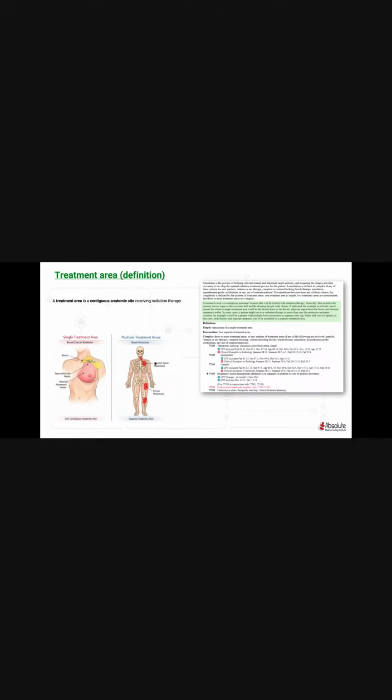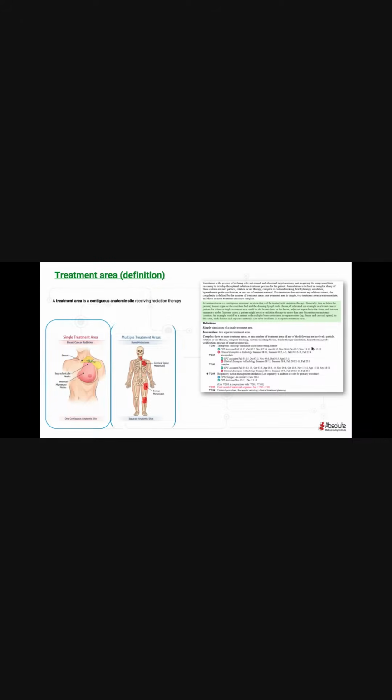For example, let's say a patient is receiving radiation therapy to the breast. Okay, so radiation therapy is received at the breast, supraclavicular area, and internal mammary nodes, as you can see in the image. Now, this is considered one treatment area because all these areas are contiguous and they are part of the same connected anatomic areas.